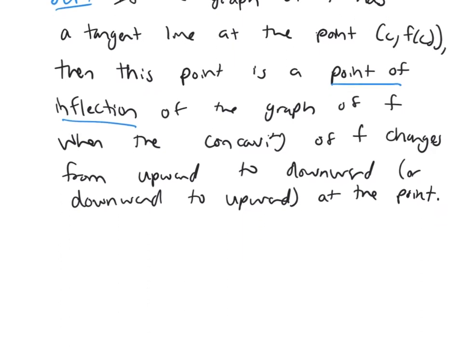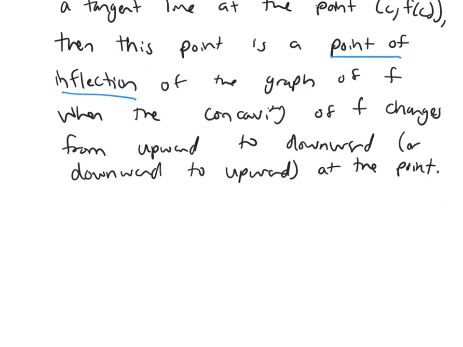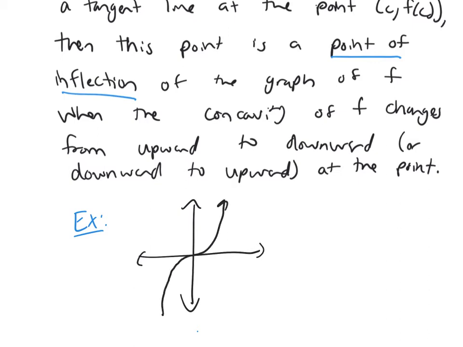So let's think about this in terms of a picture. I like to visualize these kinds of ideas. Let's take a function that looks like this. If you look over here, your graph is concave down.